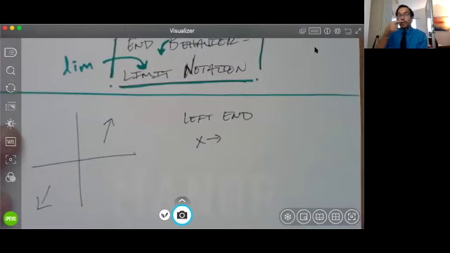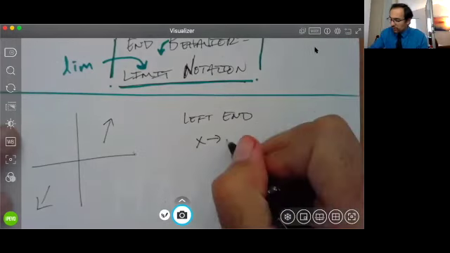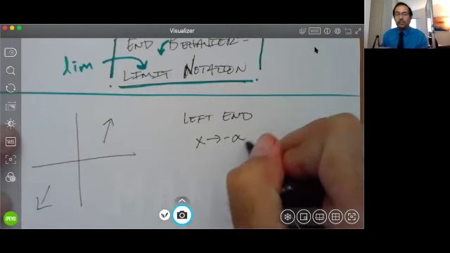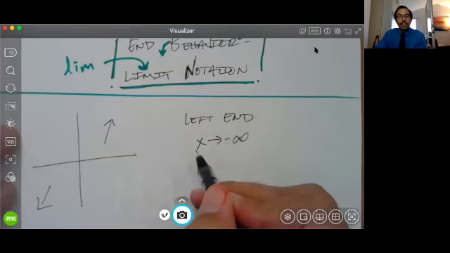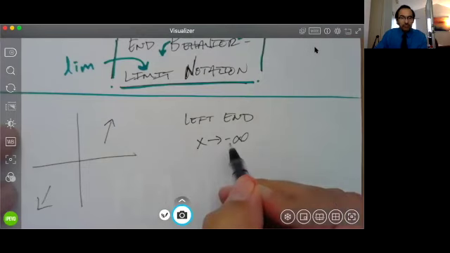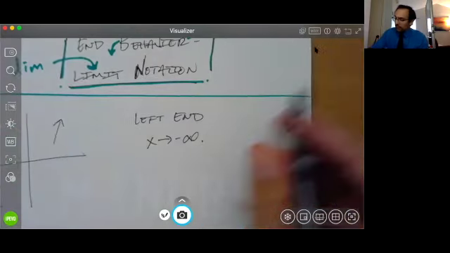On a number line, if I go further and further to the left, my x values get closer and closer to negative infinity. So anytime we're talking about the left end, we're going to use this x and then an arrow pointing at negative infinity. So now let's figure out the right end.